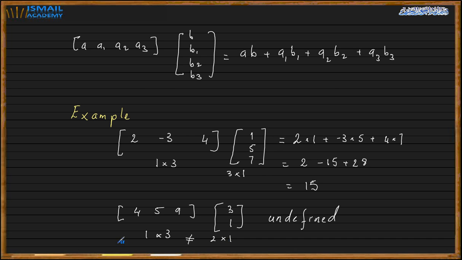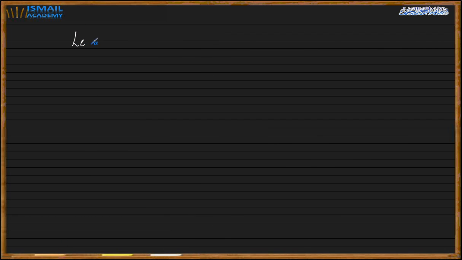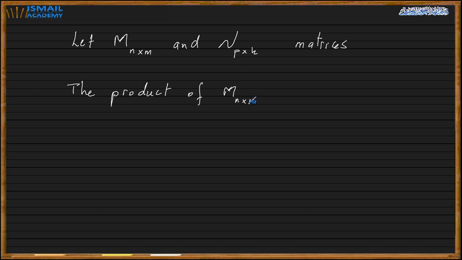So now let's move to the main concept. Let's have two matrices: N by M, and another matrix P by K. So the product of the two matrices exists if and only if we have M equal P. If those two numbers are equal, then we can find the product.